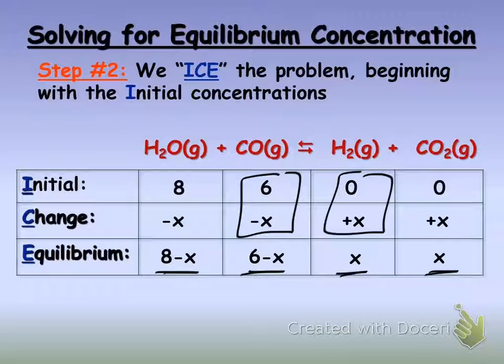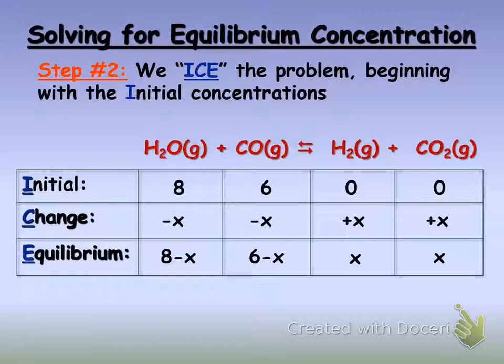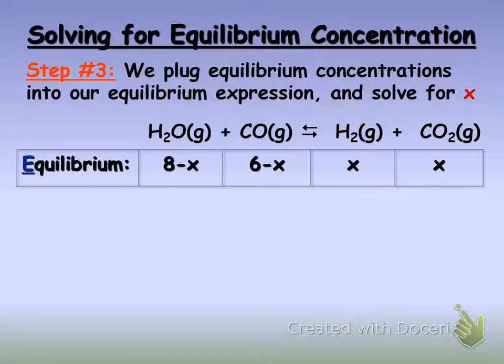So you're just using some basic arithmetic there to get to the equilibrium part. So there's the bottom line. Okay, just rewritten. You don't have to write that again. But you have to solve for x.